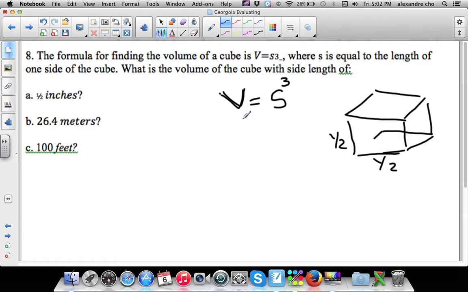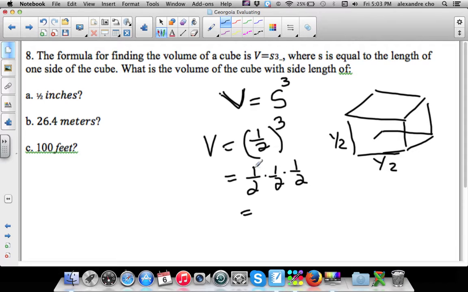So for the volume of a cube, for letter A, you're going to take the side, 1/2, to the third power. And what does that mean? Remember, an exponent tells you how many times to multiply the base by itself, 3 times. So you're going to get 1/2 times 1/2 times 1/2.